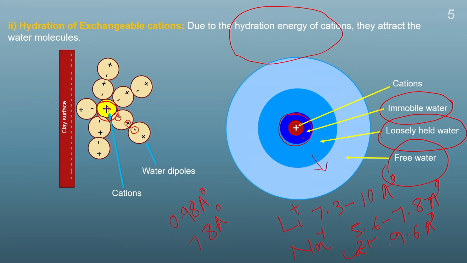We need to remember one thing: the size of the hydrated cations also depends on the valency. The higher the valency, the higher the amount of water molecules attached to the cations, and the higher the size of the hydrated ions.